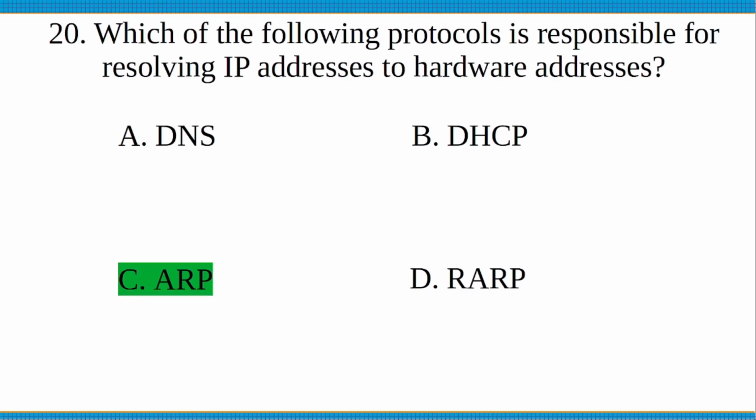So the answer here is C. ARP. Now ARP stands for Address Resolution Protocol. So it resolves IP addresses to hardware addresses, so IP address to MAC address. RARP does the reverse. It resolves MAC addresses to IP addresses.